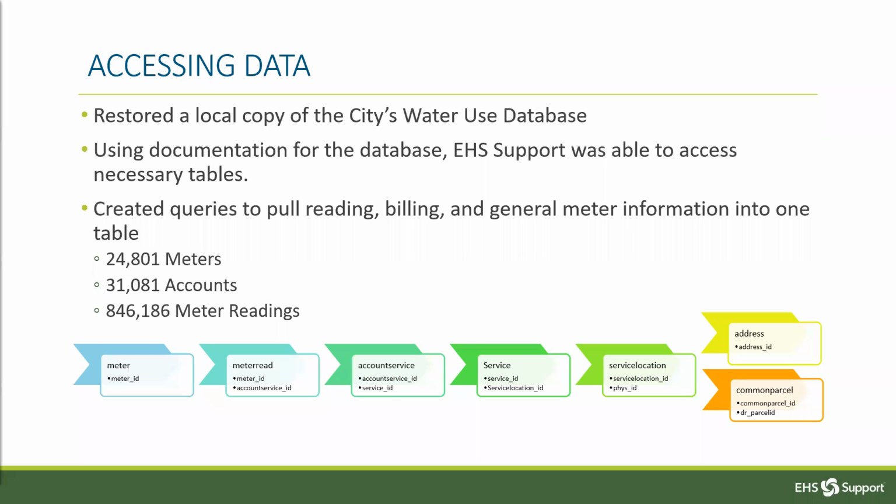Using this path, we were able to put together queries to pull out this information so that it could be reviewed and used later on in the process. Altogether, this included almost 850,000 meter readings, the meters, and the accounts associated with those readings.